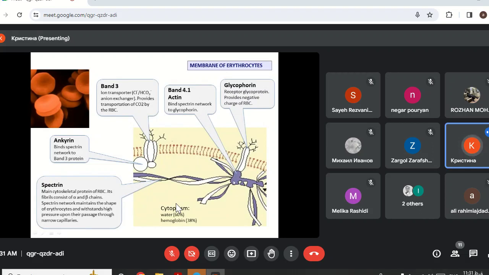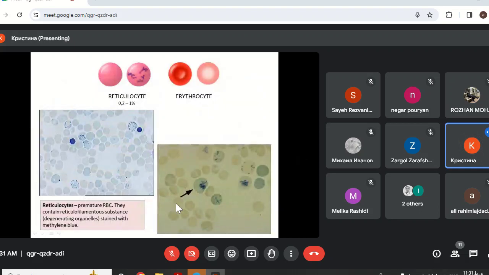Band 4.1 and actin bind spectrin to glycophorin. In a blood smear, we can also find so-called reticulocytes, which look like these, with a reticulofilamentous substance stained with basic stains such as methylene blue.